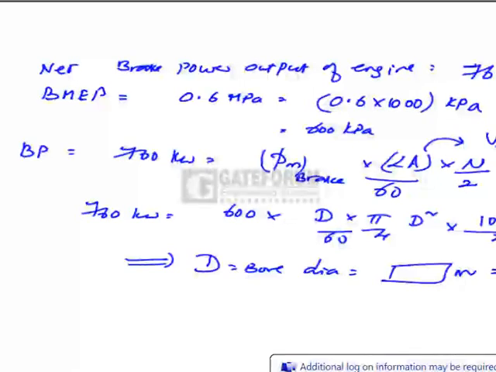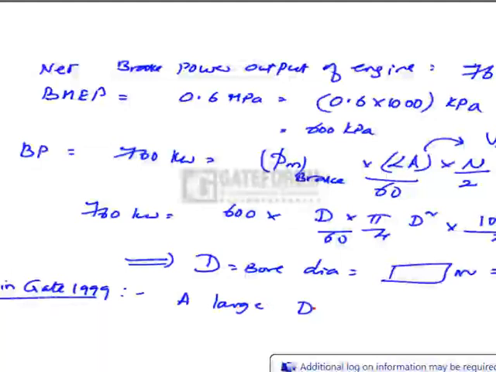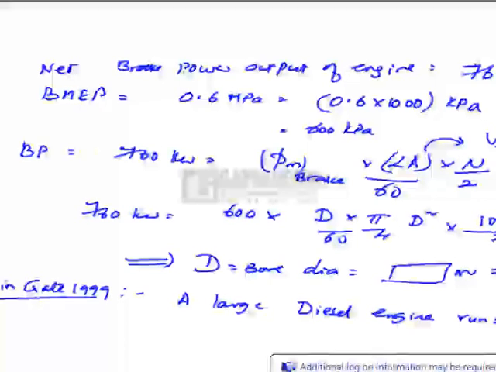Hence the problem. Now let me do a problem given in GATE 1999. The problem is given like this. A large diesel engine runs on a 4-stroke cycle at 2000 RPM.